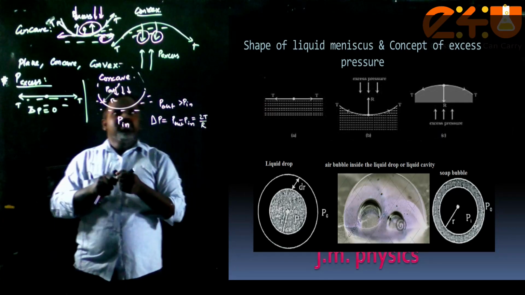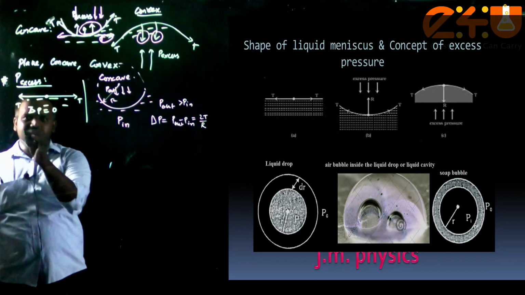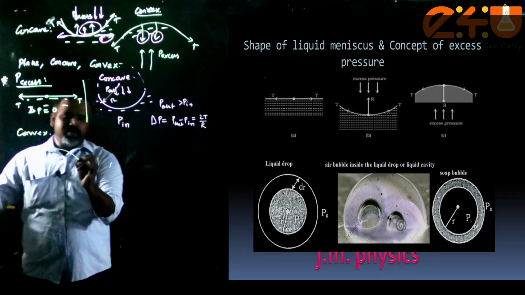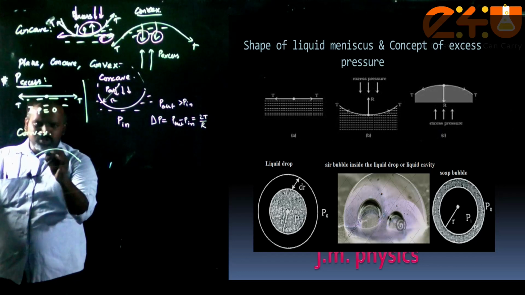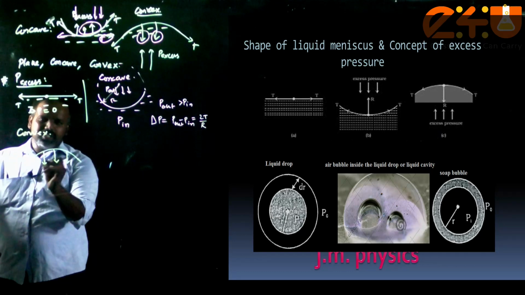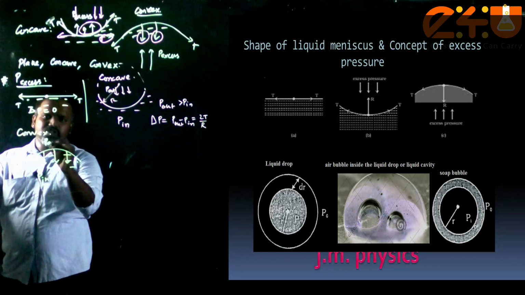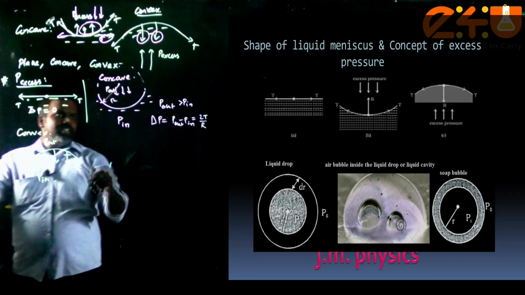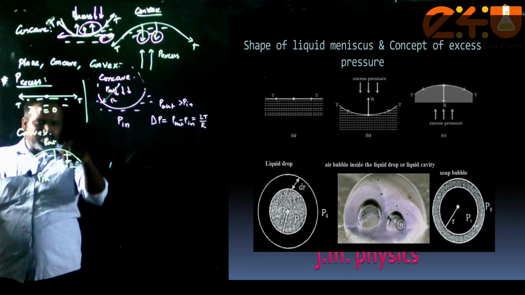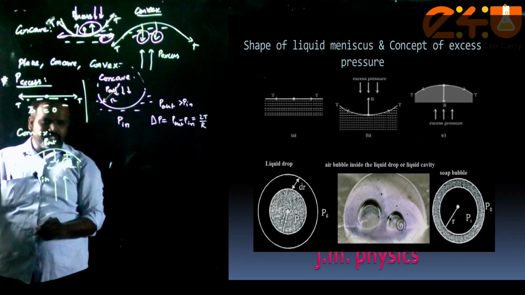The next one is the convex meniscus. It will be like this. Here is the force due to the surface tension, and this is the liquid interface. This is P in and this is P out. In order to balance the force due to the surface tension, an additional pressure exists here.